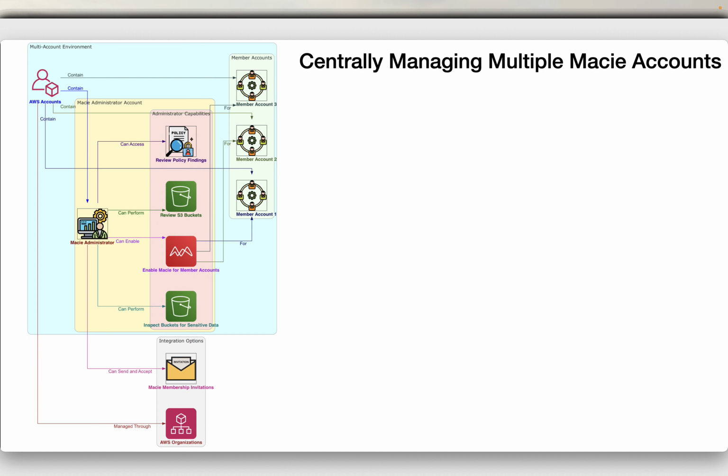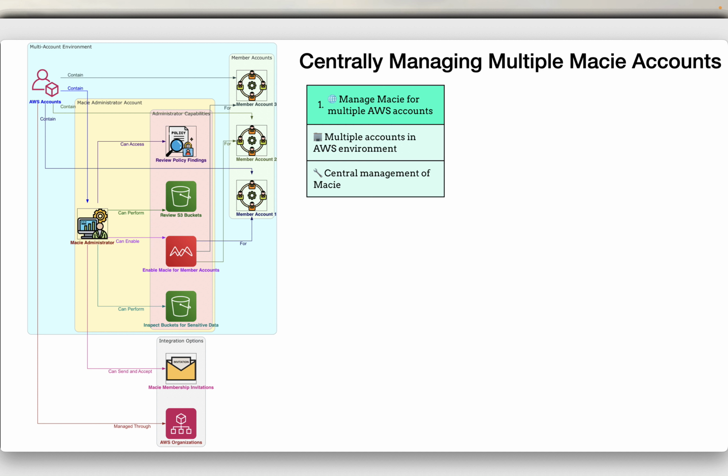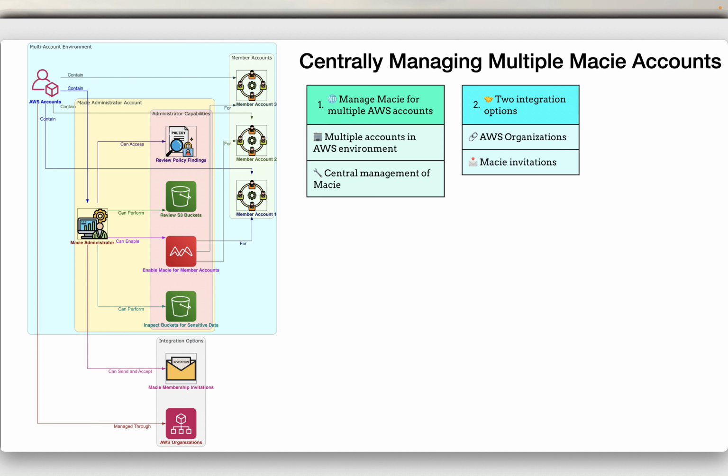Okay, next feature is centrally managing multiple Macie accounts. If your AWS environment has multiple AWS accounts, you can centrally manage Macie for all AWS accounts in your environment. There are two integration options: AWS Organizations or Macie invitations.